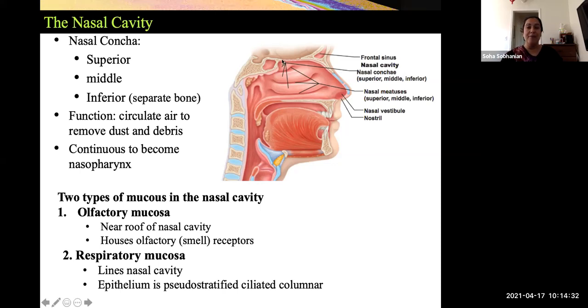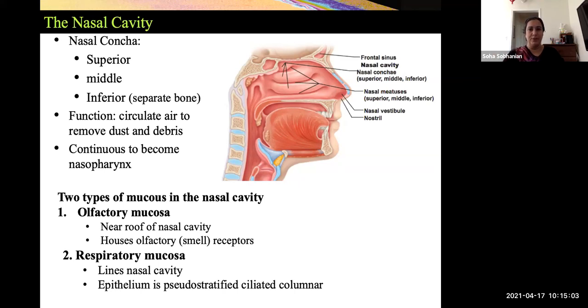Up here, nerves come out from your skull and get into the nasal cavity to create your sense of smell, which makes sense because as you bring in the molecules of a smell, they rise toward the top of the nasal cavity, and that's where you have the highest concentration of olfactory receptors.